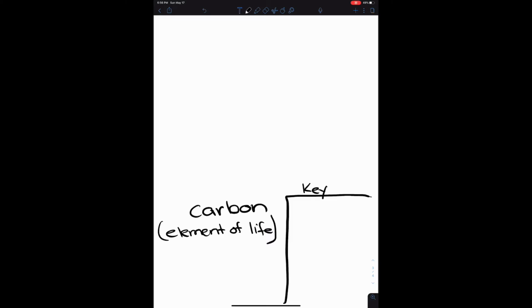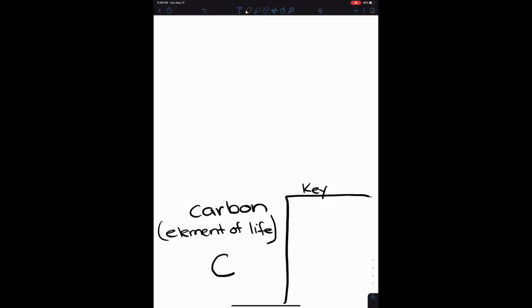So gasoline and oil and our food and our bodies are all made of carbon. Wood is made of carbon. We could not live on this earth without carbon. There's chains of carbon that are ordered in all of these different shapes, different numbers of carbon, and it's pretty much the element of life.